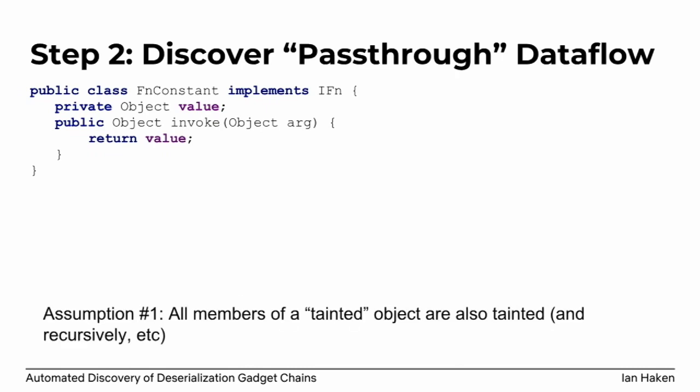So there's one assumption here that I make in this analysis, which is basically that if any object is tainted, and in this case, by taint, I mean attacker controllable, then everything about that object is attacker controllable. And that makes sense in this context because in a deserialization vulnerability, if an attacker can control an object, it's because it came out of that payload, so they control everything about that object.